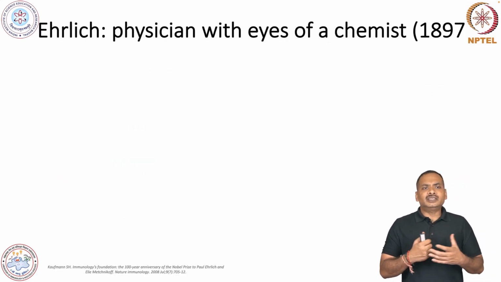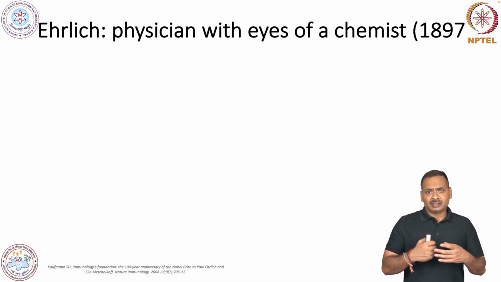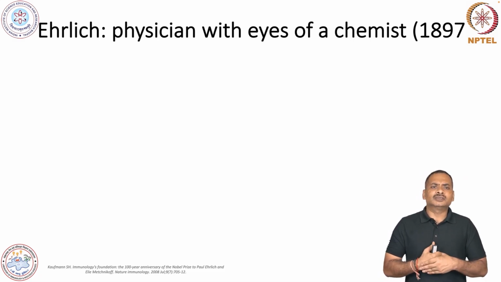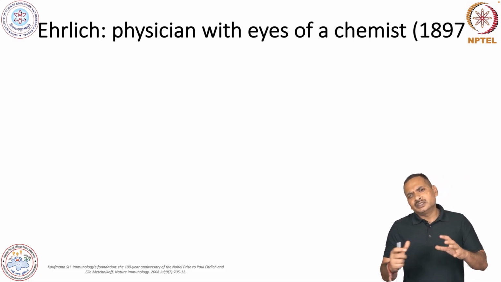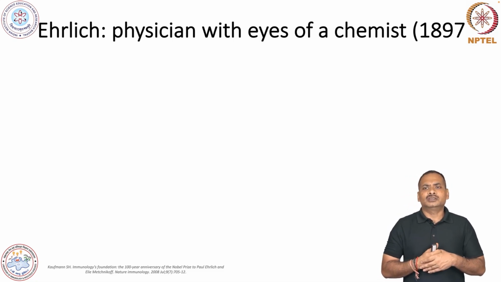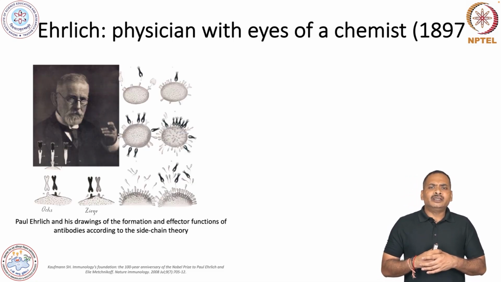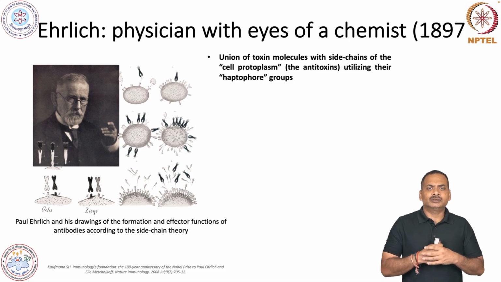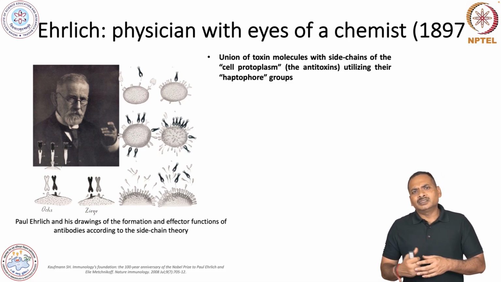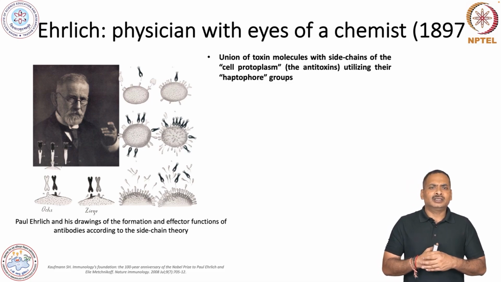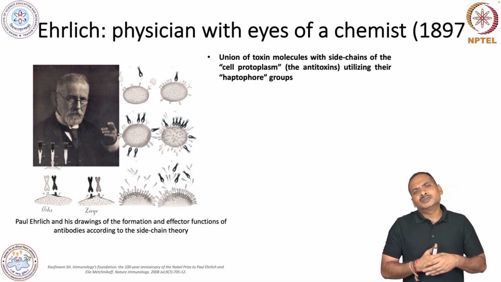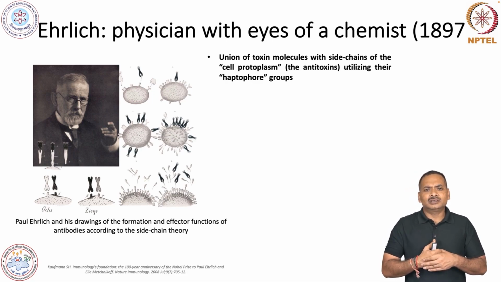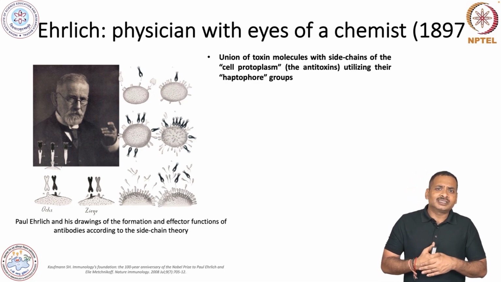Okay. Another is Paul Ehrlich. Basically, he was a physician, and he was more interested in the chemistry component. Okay, and he also gave one theory, which we call the side chain theory. So basically, when there is a toxin in the host, some molecule will be generated over the cell, which he called a side chain.